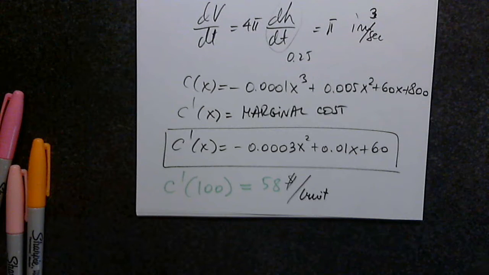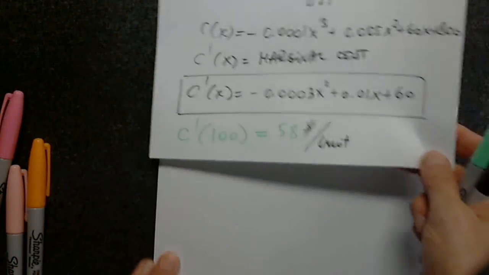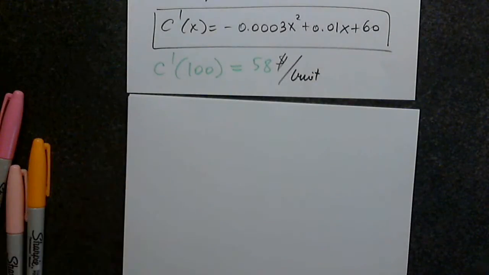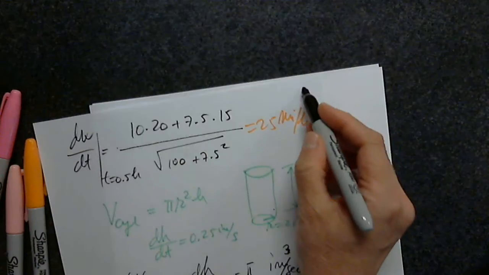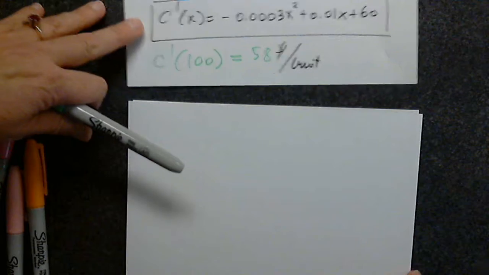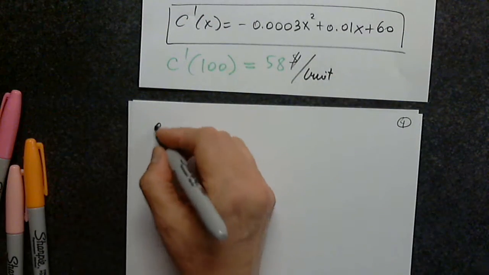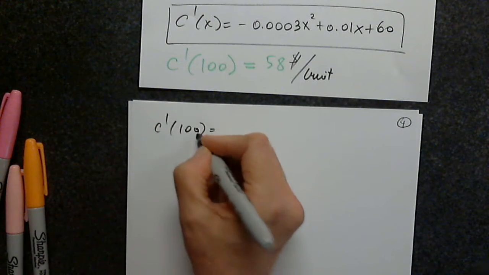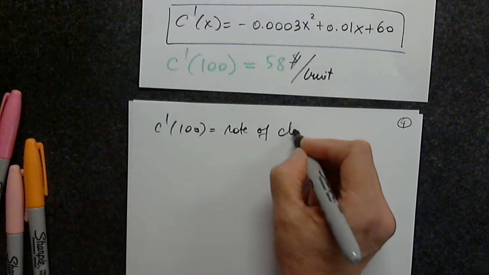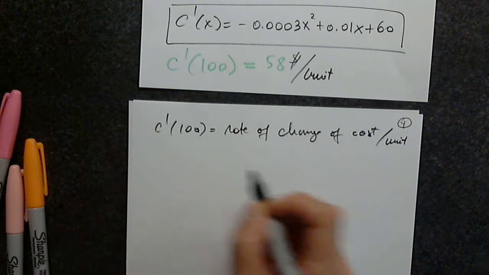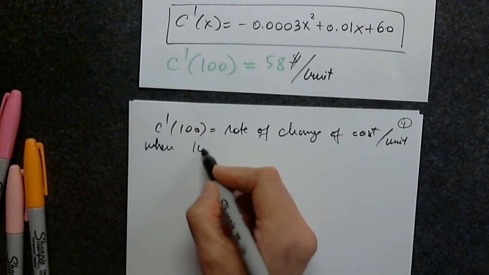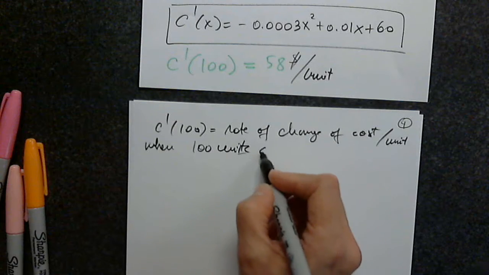Now the question is what it predicts. So let's put this in writing. So c prime of 100, rate of change of cost per unit when 100 units are produced.